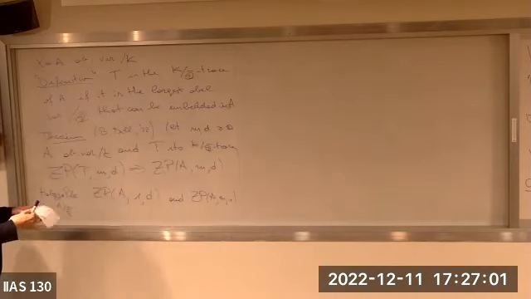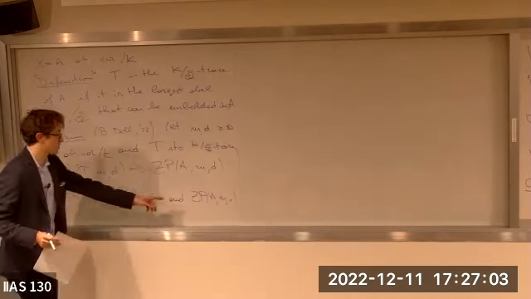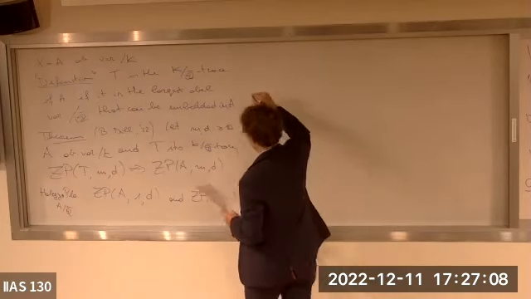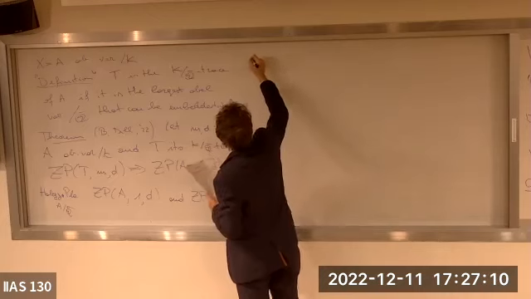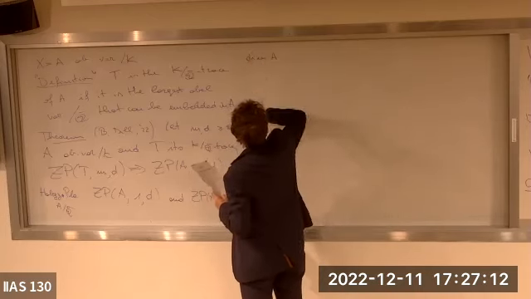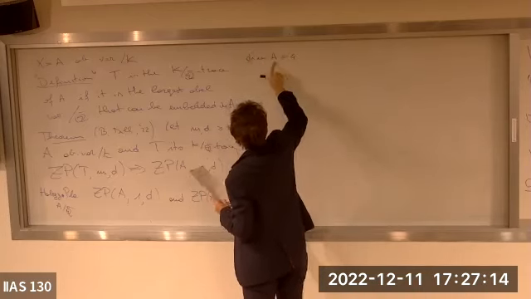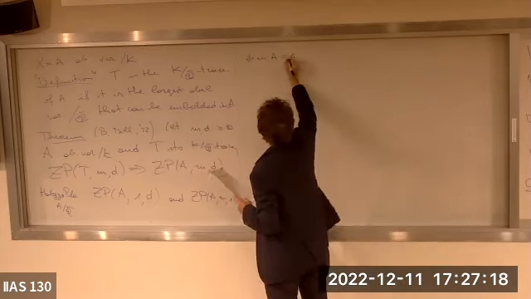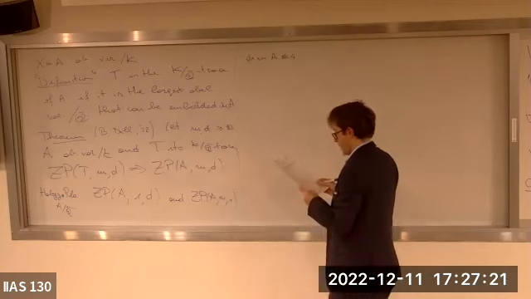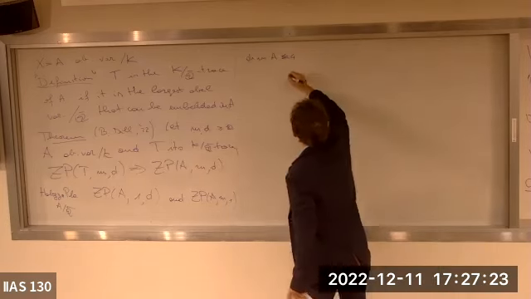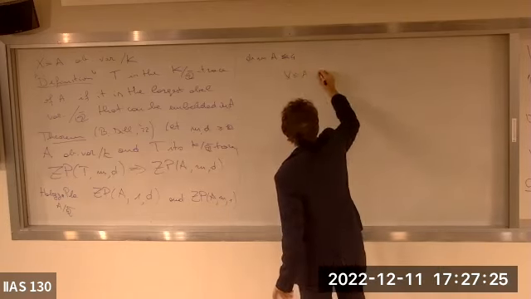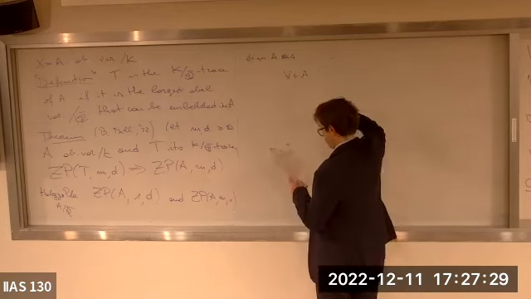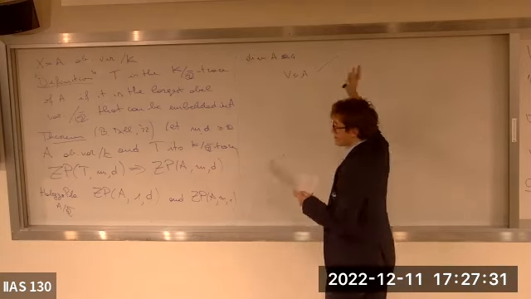Why did I mention this? Because if you have an abelian variety of dimension at most 4, then a V in A. Let's forget about the whole A and a point.